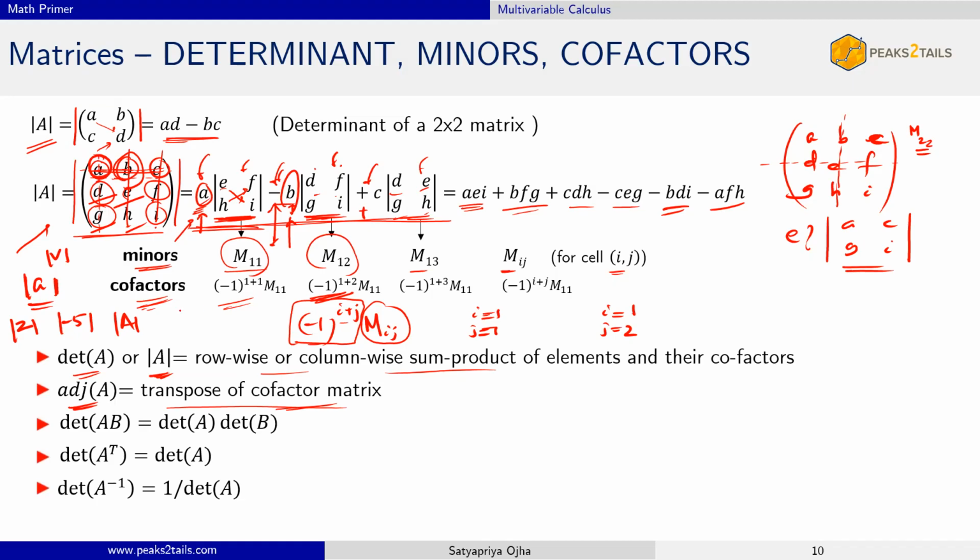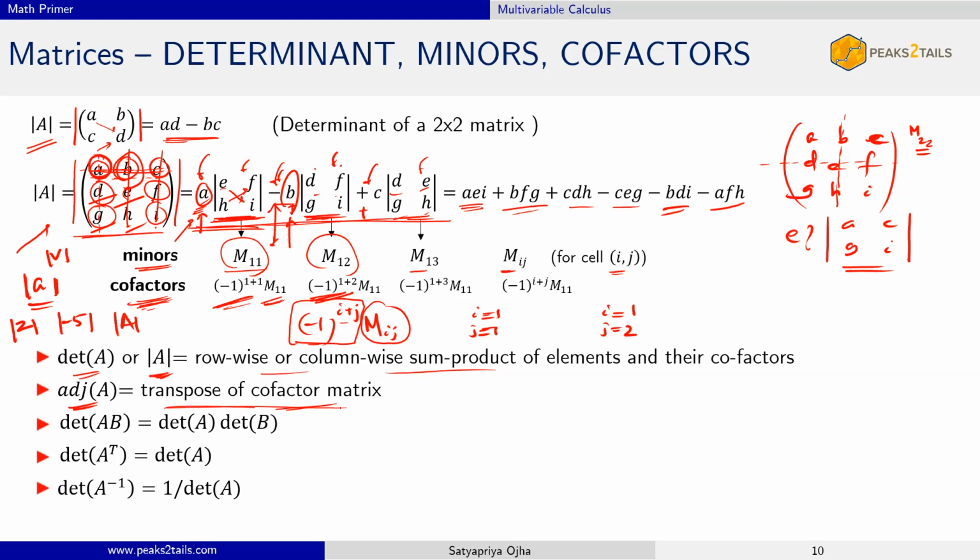Remember, cofactor is just the sign and minor. Minor involves the determinant of the 2 by 2 matrix, leaving that element alone. The cofactor does not include that element. When you take the determinant of the whole thing, then the element gets multiplied with the cofactor.